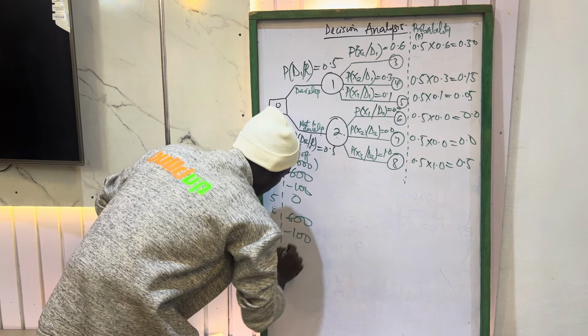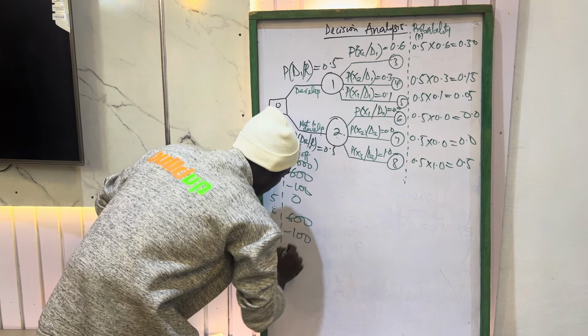So 600 times 0.30 is going to give us 180. Then minus 100 times this is going to give us minus 15. Then 0 times 0.05 gives us 0. Then 600 and 0, that is 0. 100 times 0, that is 0. So this also is 0.